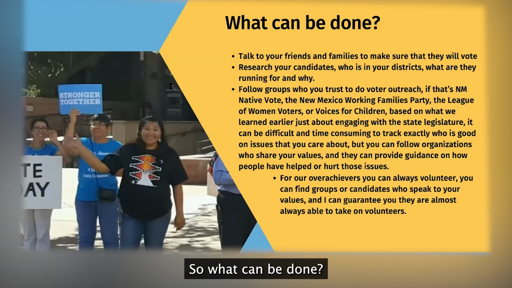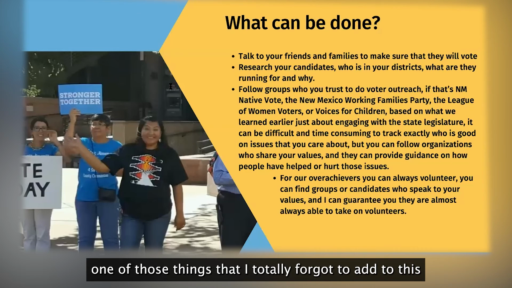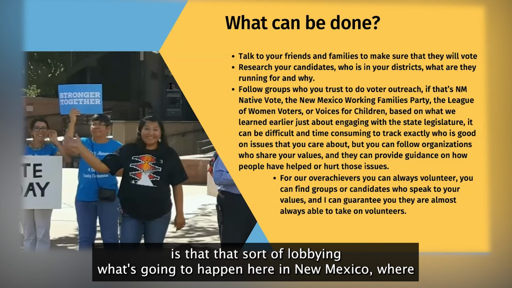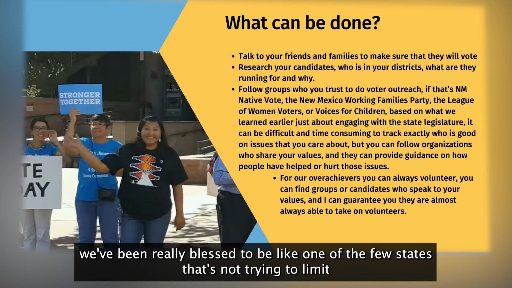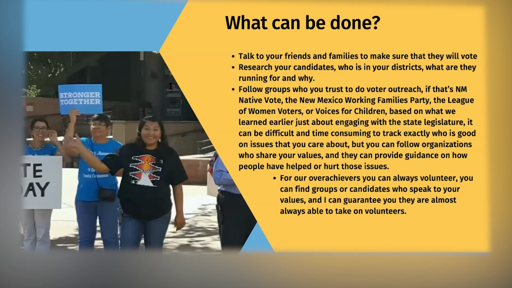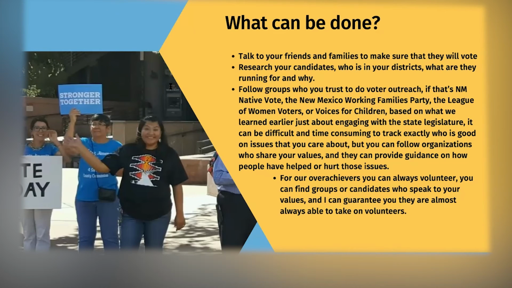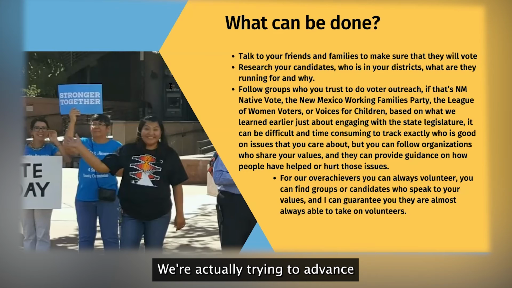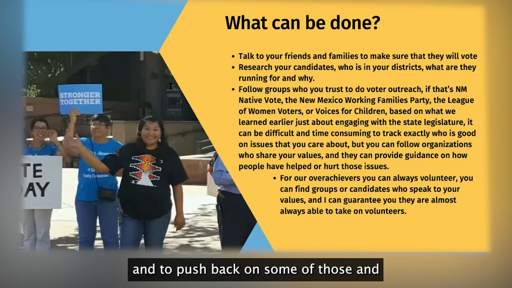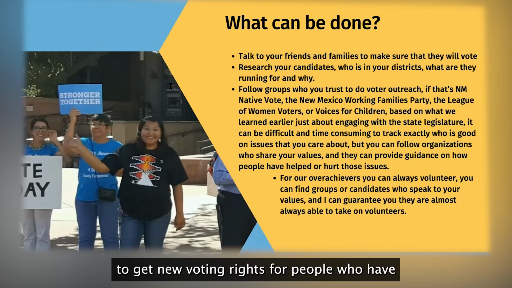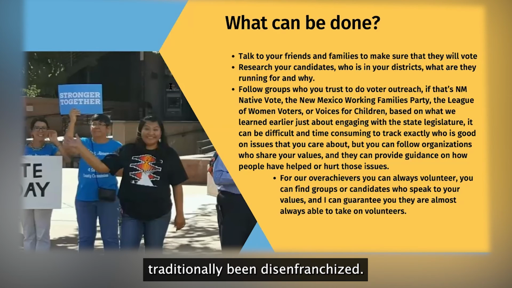So what can be done? One of those things that I totally forgot to add to this is the lobbying that's going to happen. Here in New Mexico, we've been really blessed to be one of the few states that's not trying to limit voter registration and voter engagement. We're actually trying to advance and push back on some of those and to get new voting rights for people who have traditionally been disenfranchised.